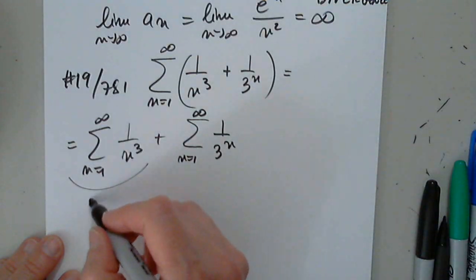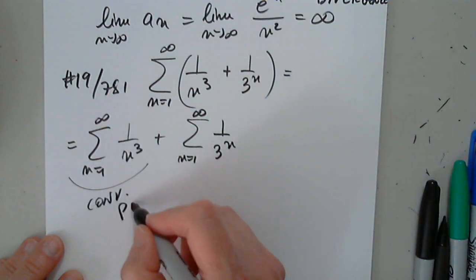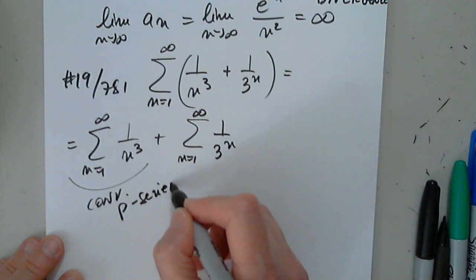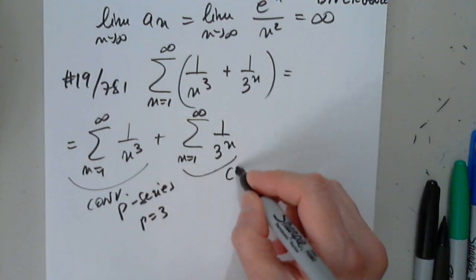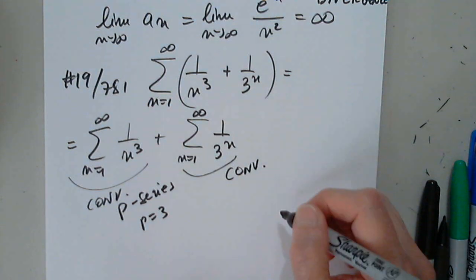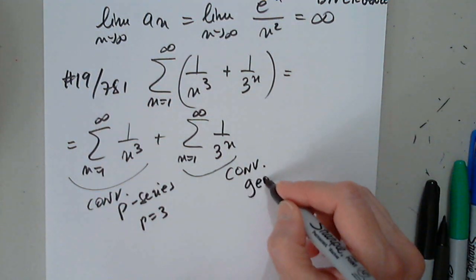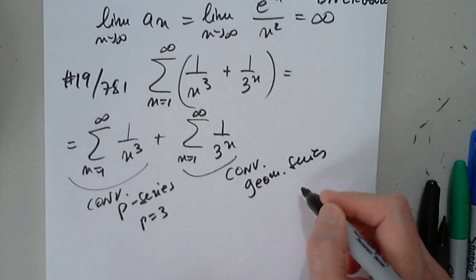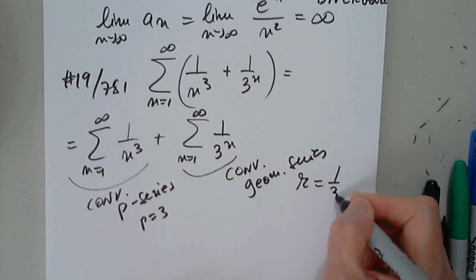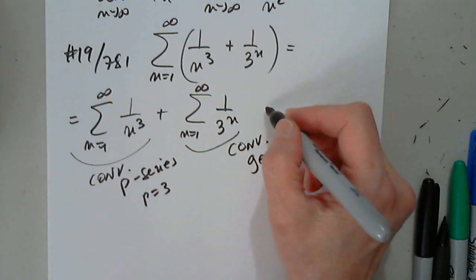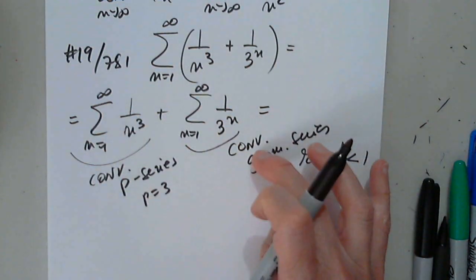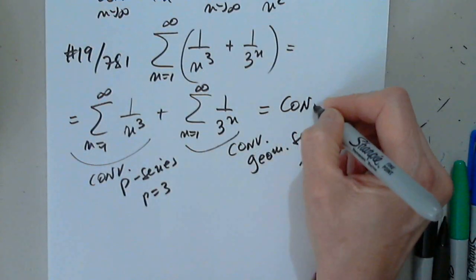Well, we know that this is convergent because it's a p series with p equals 3. We know that this is convergent because it's a geometric series with the common ratio 1 over 3, which is less than 1, of course in absolute value. So this sum of two convergent series is also convergent.